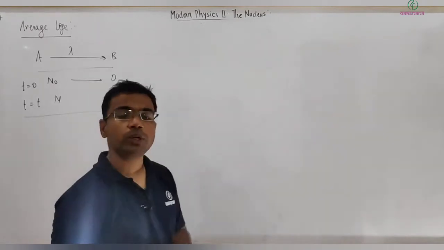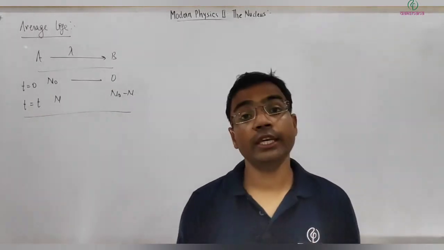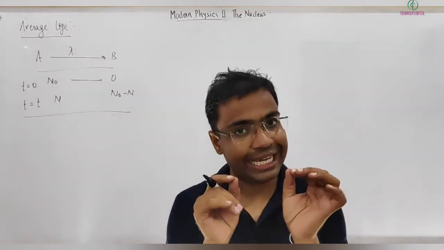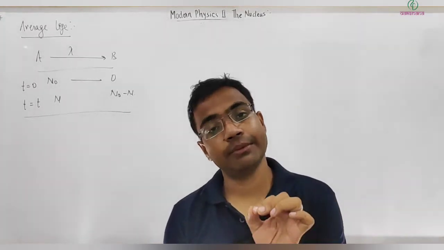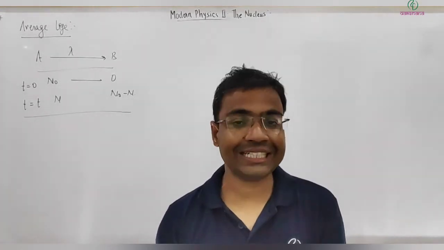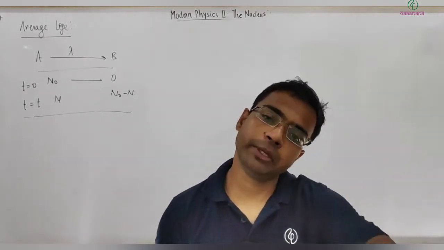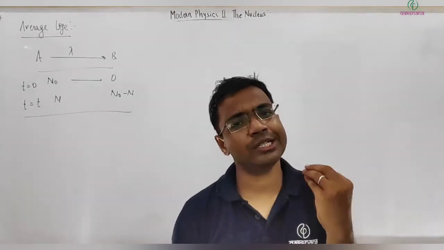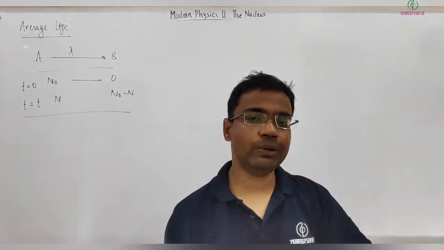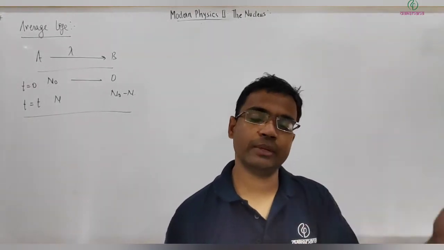Now see, a few points I told you yesterday: even when all N naught radioactive nuclei are active, it doesn't happen that all of them decay immediately or simultaneously. Some nuclei decay now, some later, and so on.